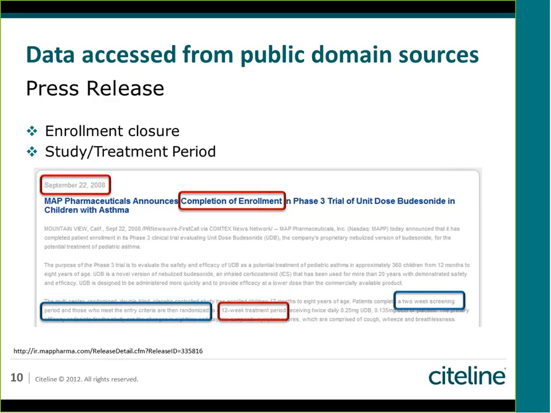The press release also provides the study or treatment period here of 12 weeks, and we would use that as our study or treatment period. One other thing to point out here, and that's indicated in the blue boxes, relates to the level of our data processing and analysis. And there's information here in this press release that states that there's a screening period of 2 weeks in this study.